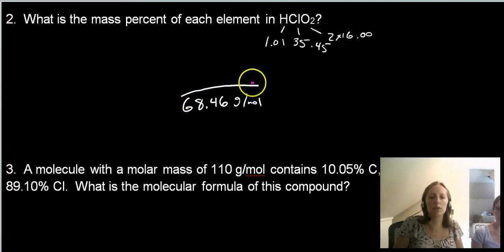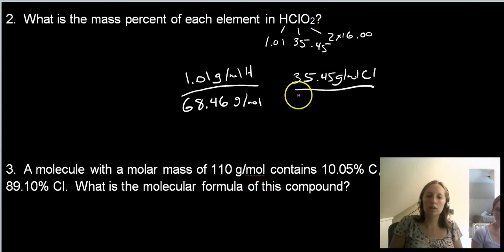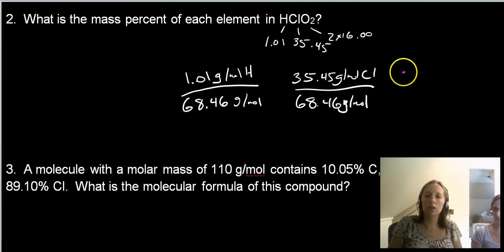And then each of those: 1.01 grams per mole of hydrogen, 35.45 grams per mole of chlorine, and 32.00 grams per mole of oxygen.